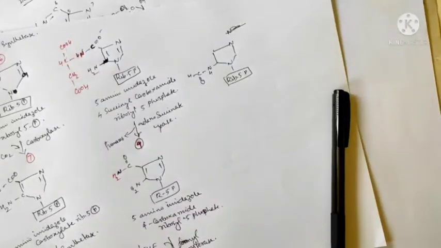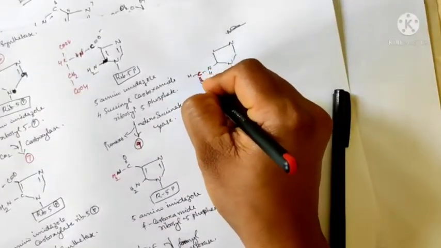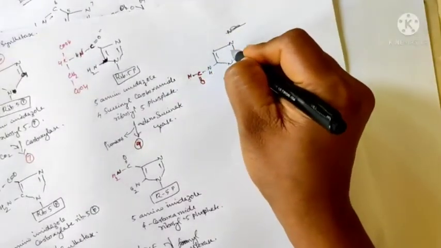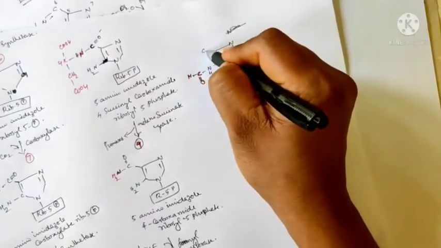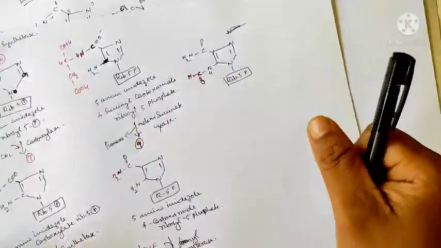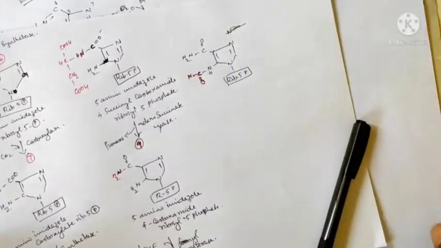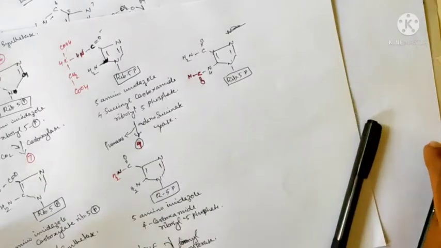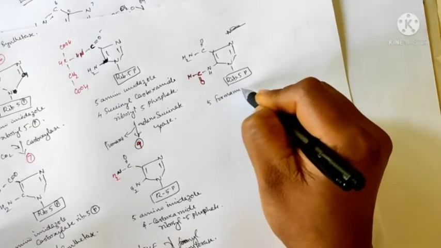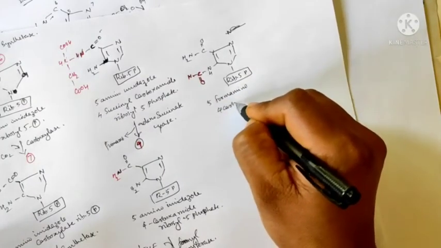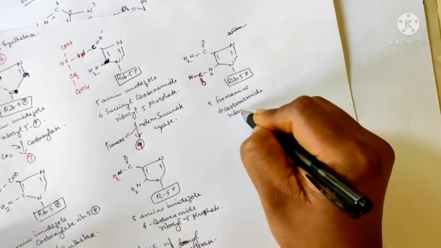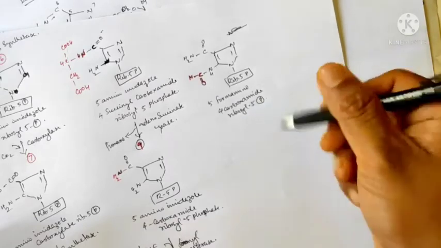This is the change. COH. The formyl group attaches to the 5th position nitrogen. Substitution. CONH2. This is 5-formamido imidazole 4-carboxamide ribosyl 5-phosphate.